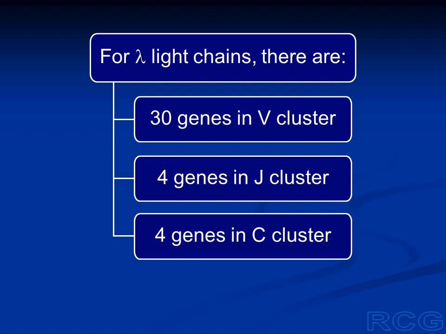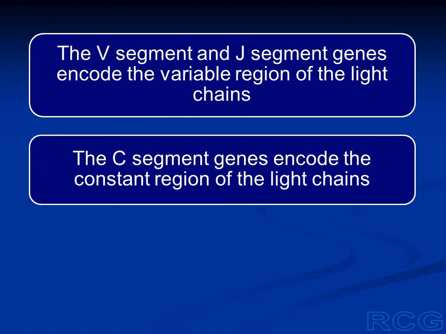There are 4 genes in the J cluster, and there are 4 genes in the C cluster. The V segment and the J segment encode the variable region of the light chains, and the C segment encodes the constant region of the light chain.